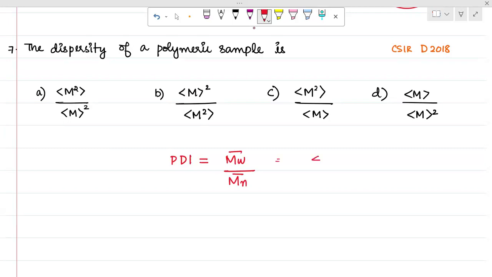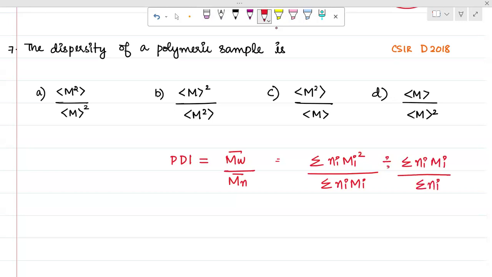That is equal to sigma Ni Mi squared, so here it is summation of Ni Mi square divided by sigma Ni Mi, divided by, or I'll write it over here, that is much easier, sigma Ni Mi divided by sigma Ni.